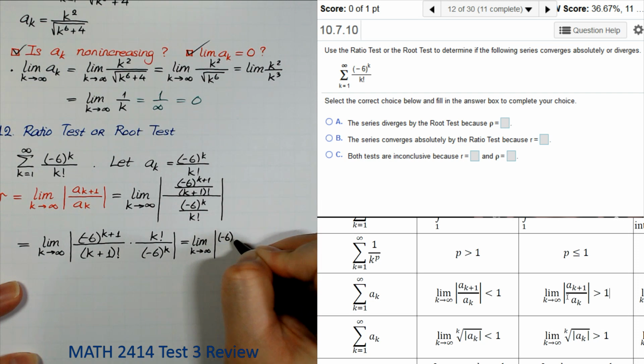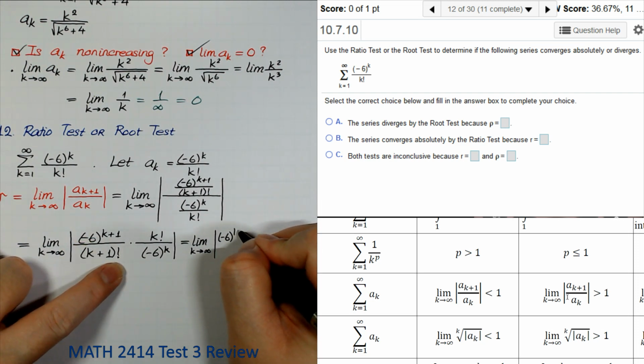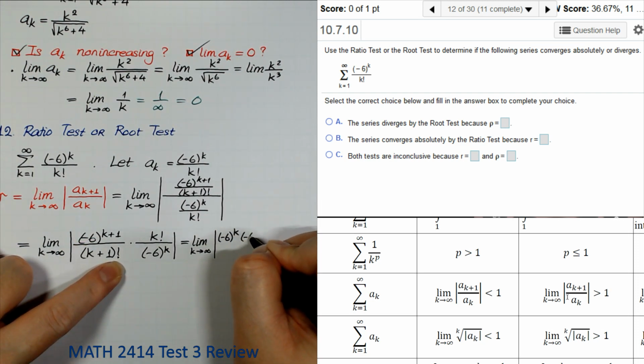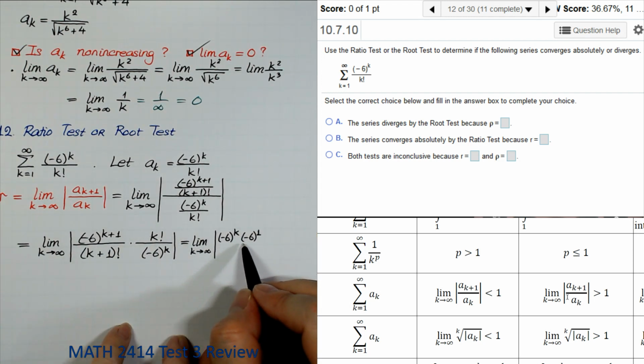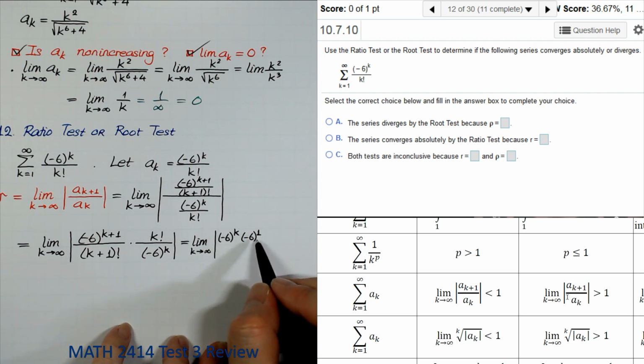Negative 6 to the k power is negative 6 to the k times negative 6 to the first, because when we multiply two things with the same base, we add the exponents.